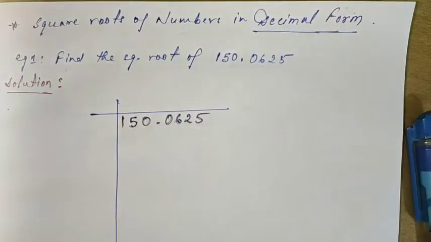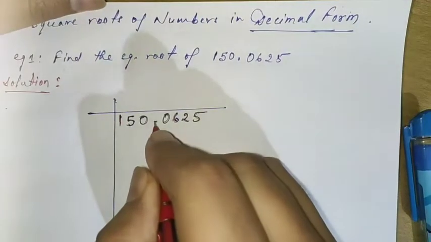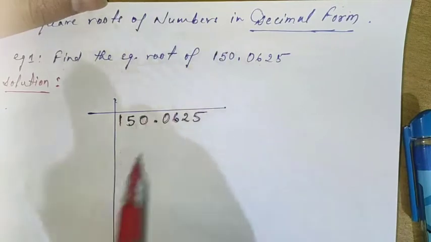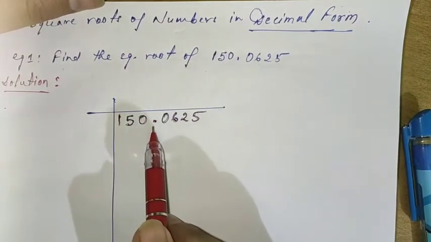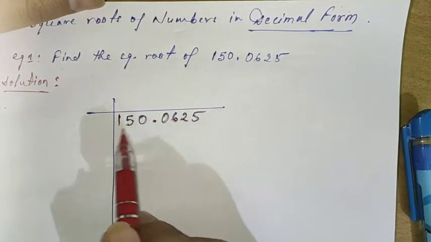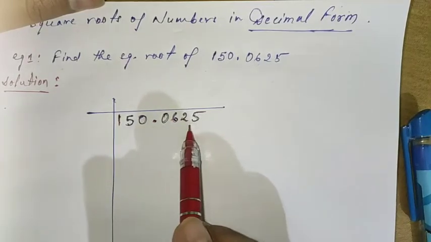Now before using the long division method, there are a few things that you should know. Over here, as you can see, is our decimal point. This is the whole number part and this is our decimal part.